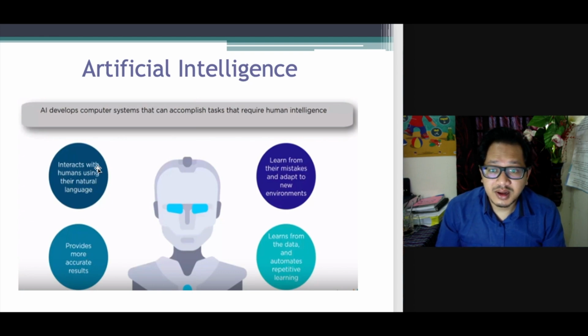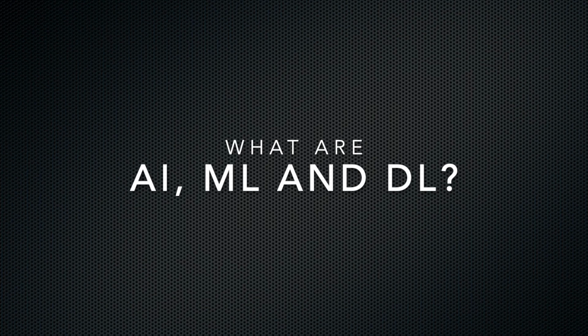It can interact with humans using their natural language, learn from their mistakes, adapt to a new environment, learn from the data, and automate repetitive learning. Ini yang kita cuba adaptkan human intelligence ke dalam robot as artificial intelligence.